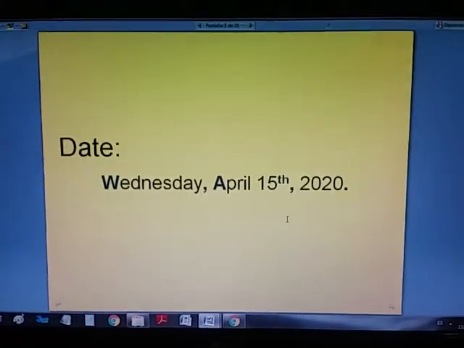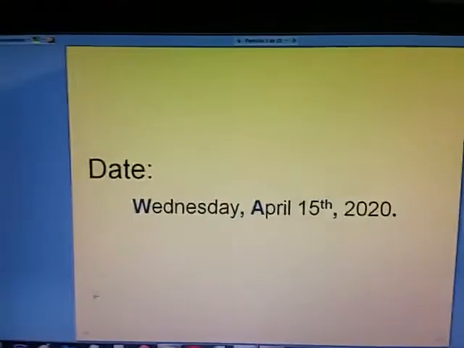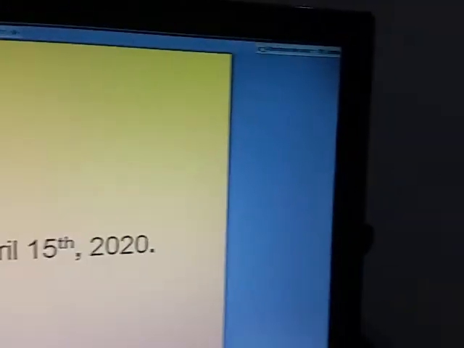Alright, before we go any further, as usual, let's print the date on that page. Use the heading of the page in your pencil and print the date. Print it right over here.